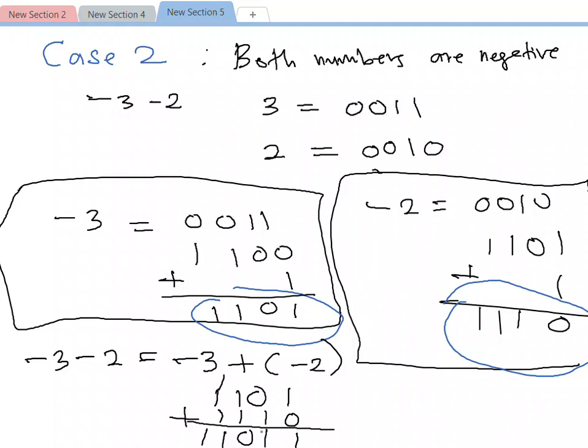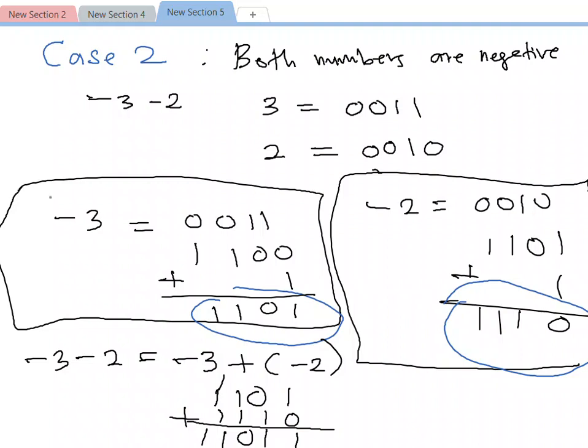When you add negative 3 with negative 2, you are going to get 11011. Since you are adding 4-bit numbers, both are 4 bits, and you get 5 bits. You can discard the leftmost bit, the extra one.